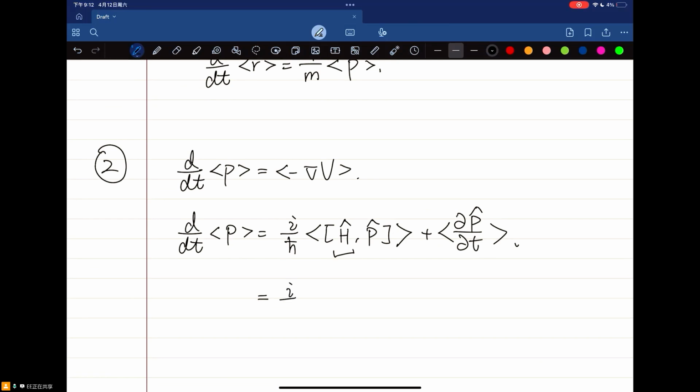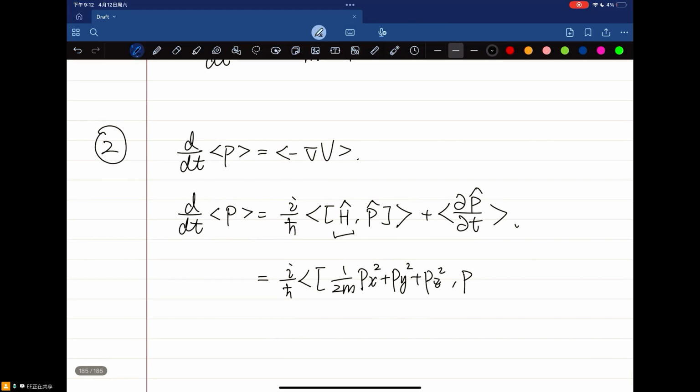Again, we can write the Hamiltonian as 1 over 2m times px squared plus py squared plus pz squared. But this time with p. Okay, so let's do px first, because in this way we don't involve too many variables.